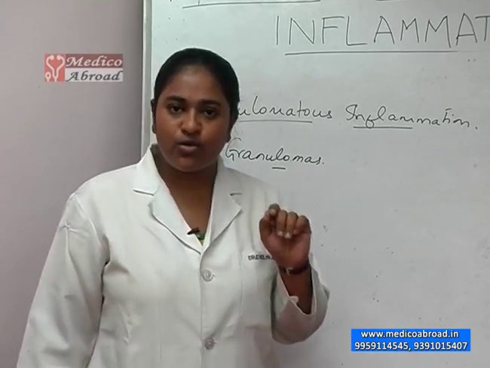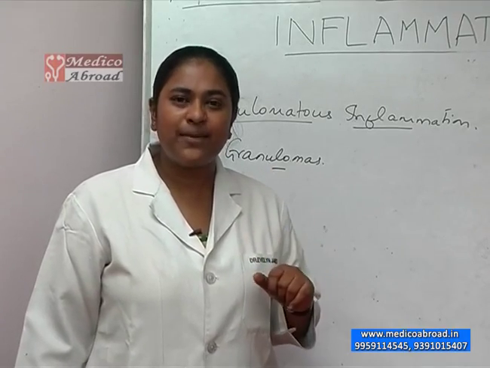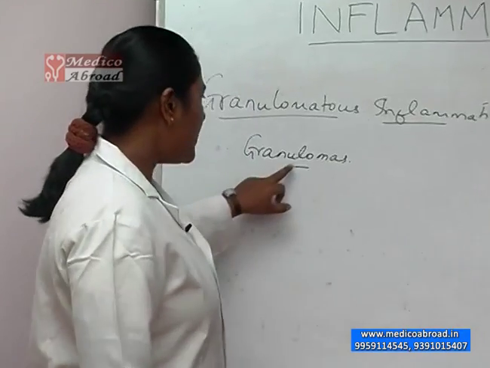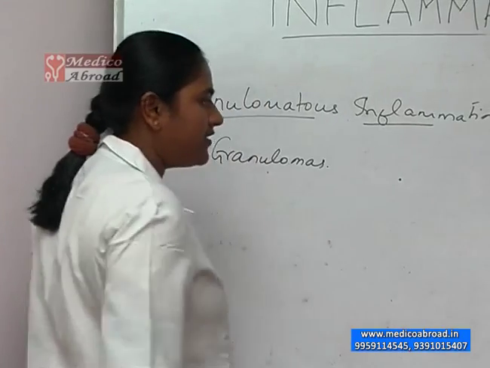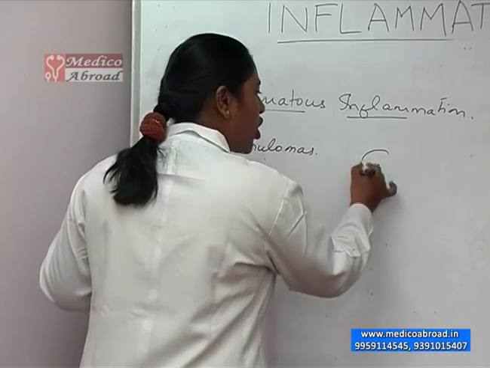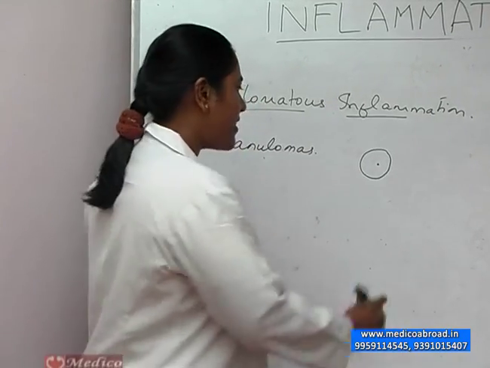These mononuclear leukocytes and the active macrophages inside take on the appearance of epithelioid cells. Granulomas have a focus of active macrophages surrounded by a collar of mononuclear leukocytes.